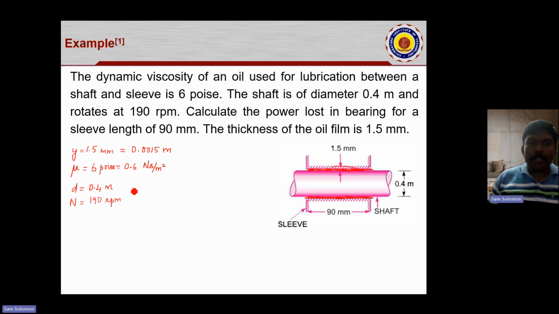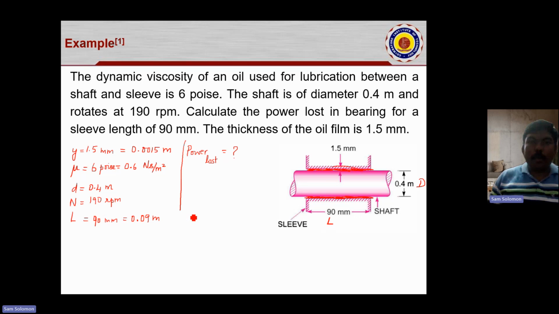Okay. So they want us to calculate the power lost in the bearing. So what is the power lost for a sleeve length of 90 mm? So we get this sleeve length is given. So diameter is going to be 0.4 and the sleeve length, let's take it as L. So L is going to be equal to 90 mm, or let me say 0.09 meters.